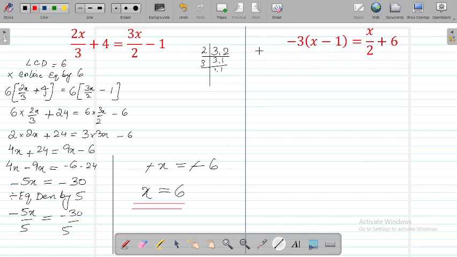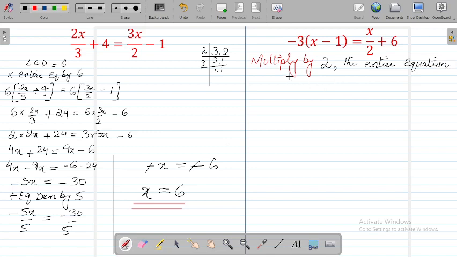So we can say here, multiply by 2 the entire equation, which means left hand side and the right hand side, exactly the same way as we did in the other equation.